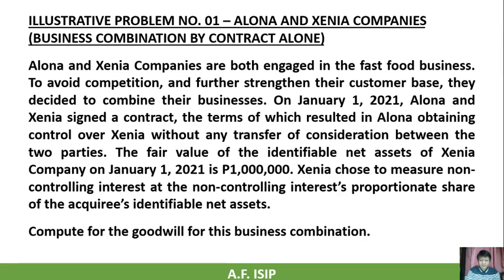Xenia chose to measure non-controlling interest at the non-controlling interest's proportionate share of the acquiree's identifiable net assets. So that is the problem. And here is the question. Compute for the goodwill for this business combination. So let's proceed with the solution.